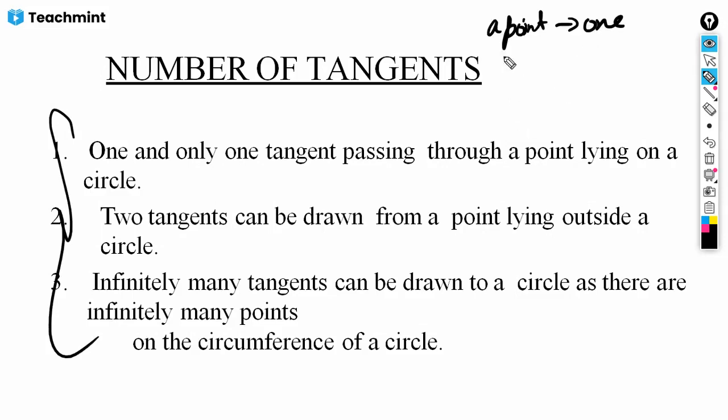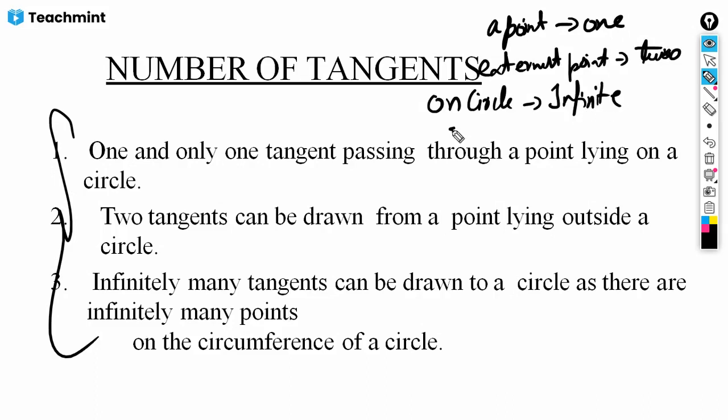If he has used an external point, it means two tangents. On a circle, infinite. These are the three things you need to remember, and it has been asked many times for 1 mark.